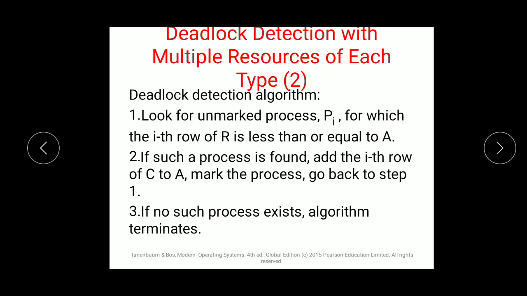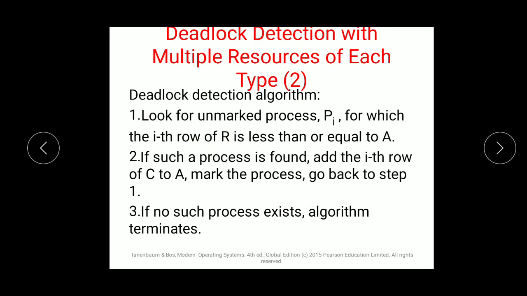So if f of i is equal to false and R of i is less than or equal to w, so the integers will be less than or equal to the requests which are there. If no such i exists, then w is equal to w plus c of i, f of i is equal to true, otherwise f of i is equal to false for some i. Then the system is in a deadlock state.